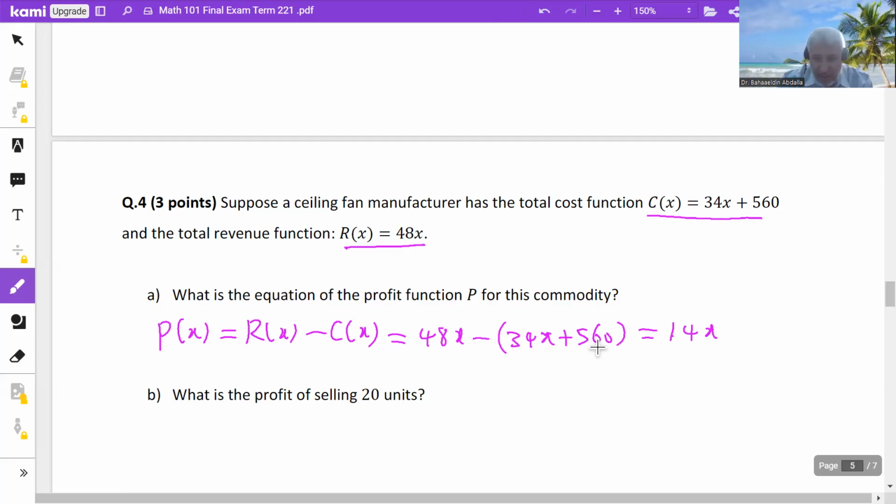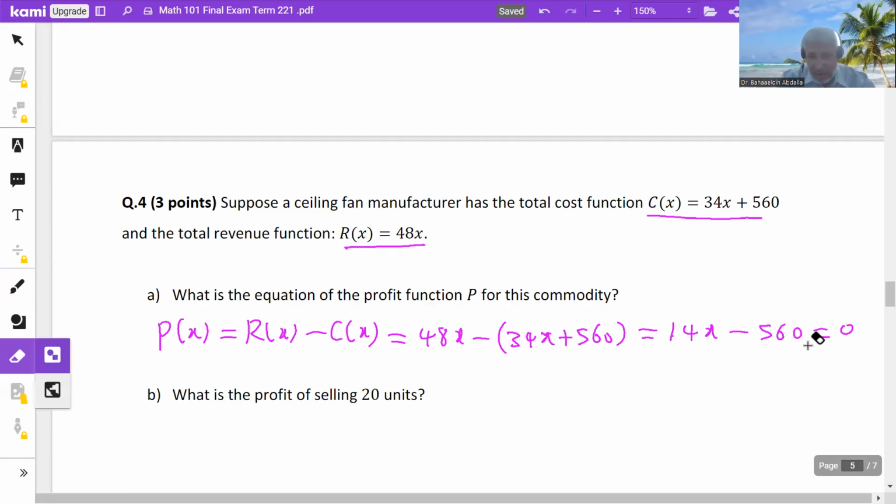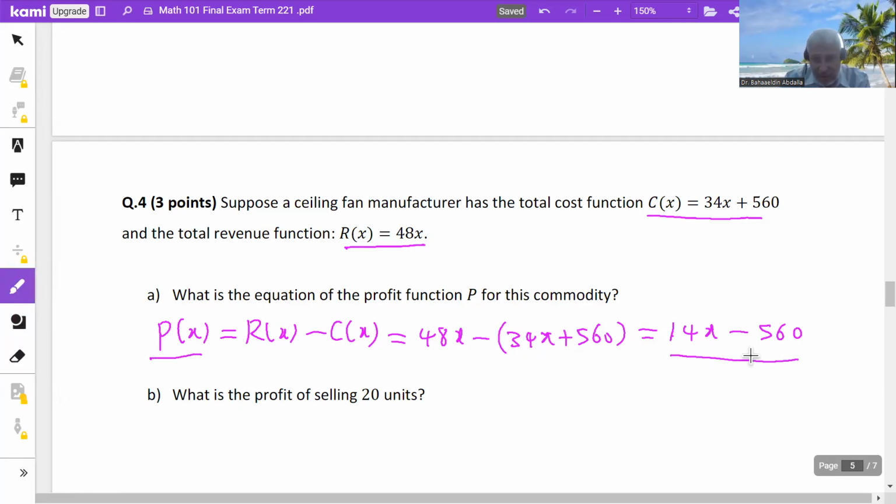And then this minus will change the sign of positive 560 to make it negative 560. There is nothing equal to 0 here. He's asking about the profit function, and that's the profit function: P of x equals 14x minus 560.